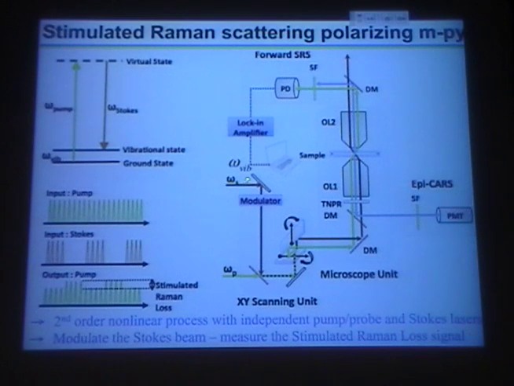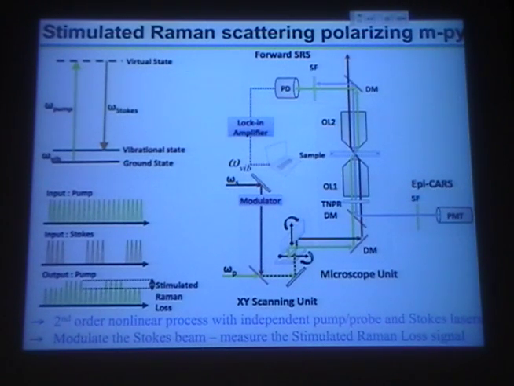And also what we do is we modulate, using this electro-optic modulator, the Stokes signal as depicted in here. Right? So then both of the signals are spectrally, temporally and spatially overlapped in the focal point when we focus this laser light into the liquid crystal sample somewhere here, and then we detect the pump signal that is modulated because of the presence of the Stokes signal at the very same time in the liquid crystal sample.